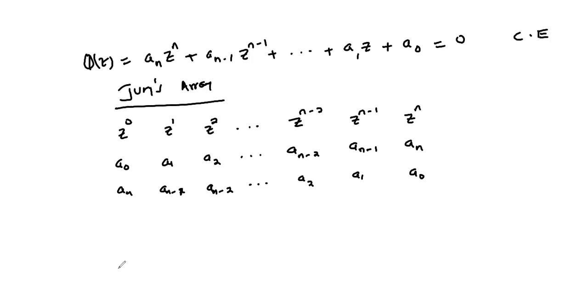The terms of the subsequent rows are established as follows. So they will be b_0, b_1, b_2, all the way to b_(n-2), b_(n-1), where b_0 will be the determinant of a_0, a_n, a_n, a_0.